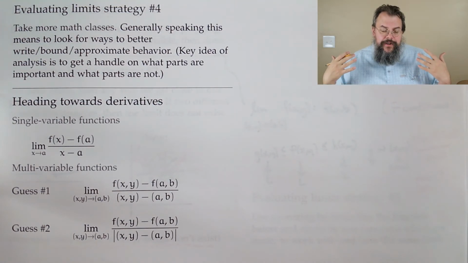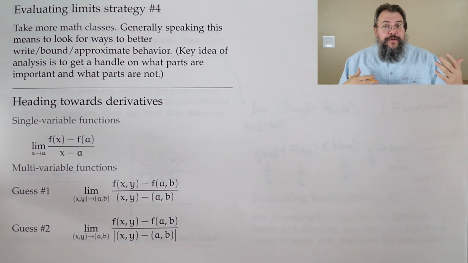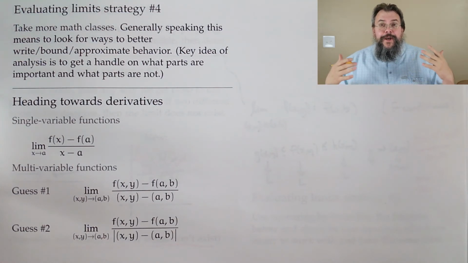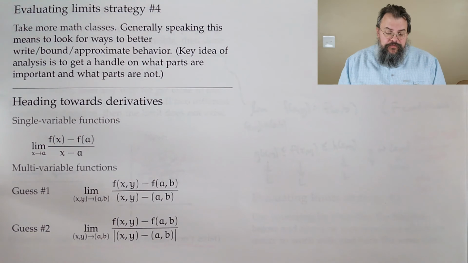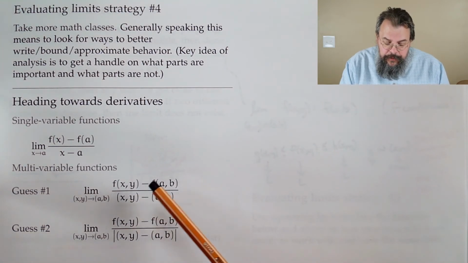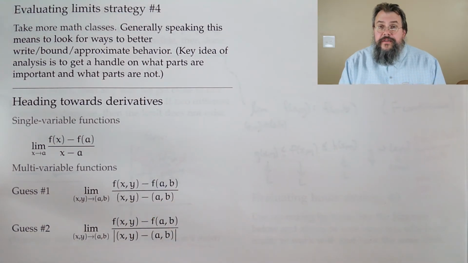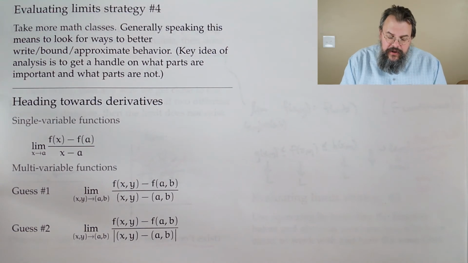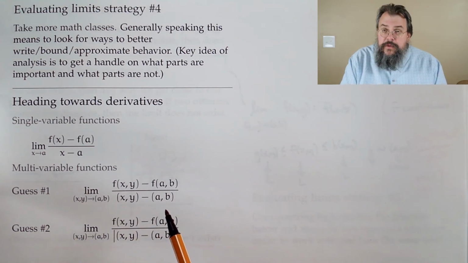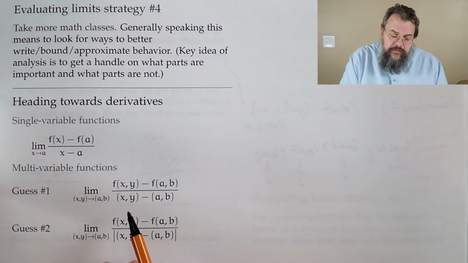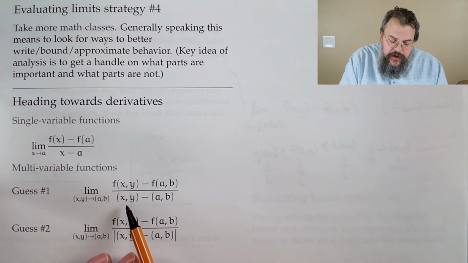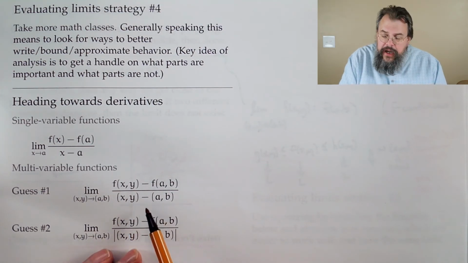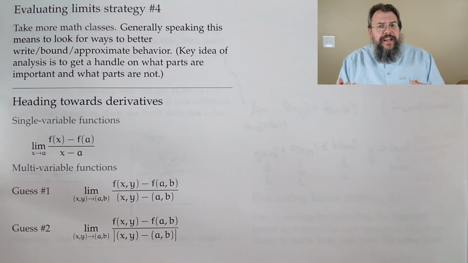So I say, okay, well, if we're thinking about derivatives of multivariable functions, let's do the same sort of idea. We'll look at our difference in our outputs over difference in our inputs. Okay, well, our outputs, no problem. That makes sense. The difference in our inputs, so if I think about (x, y) minus (a, b), well, what does that mean?